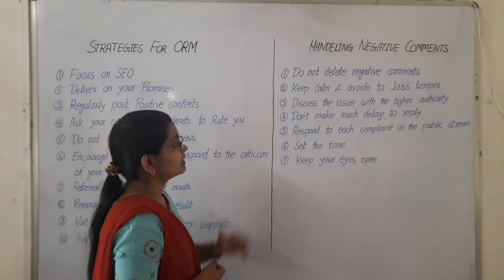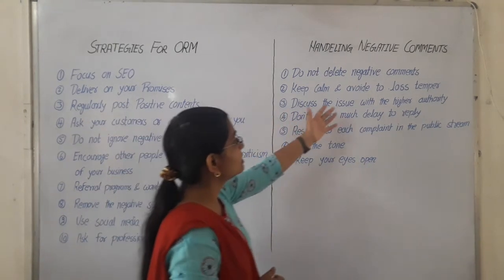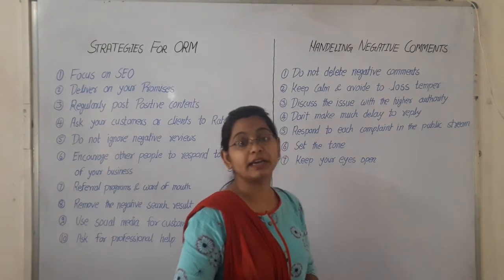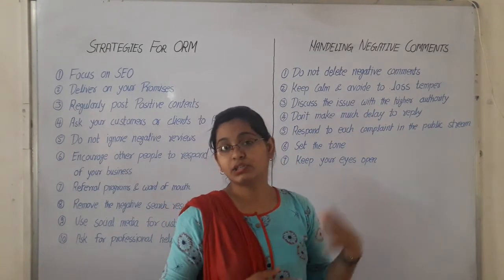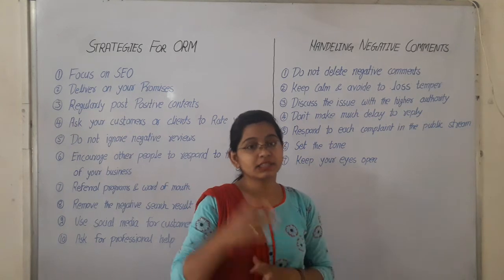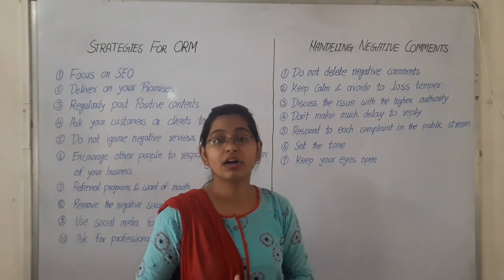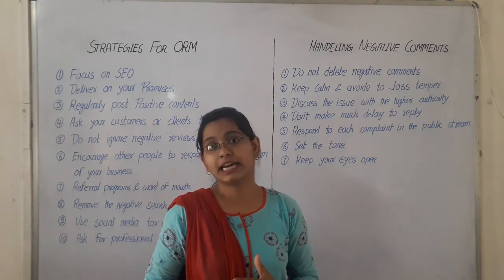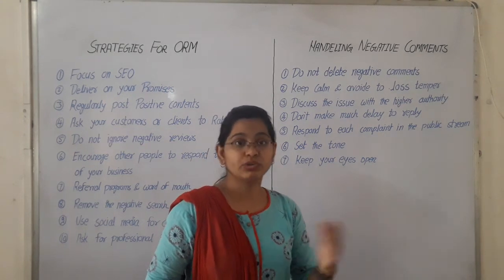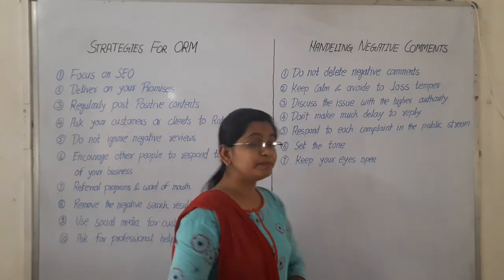The next point is discuss the issue with the higher authority. Do not take direct action on the negative comments. Discuss with your higher authority and your colleagues, and try to understand how you can reply to all those comments.